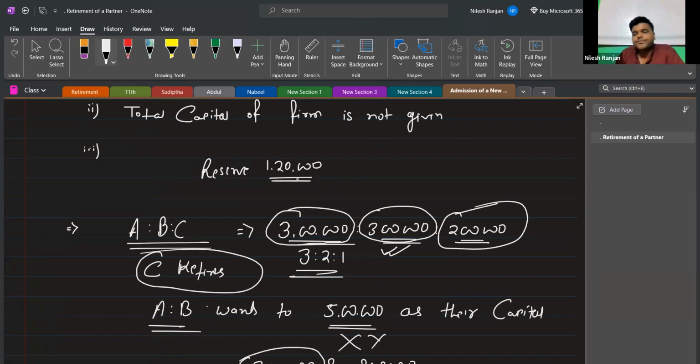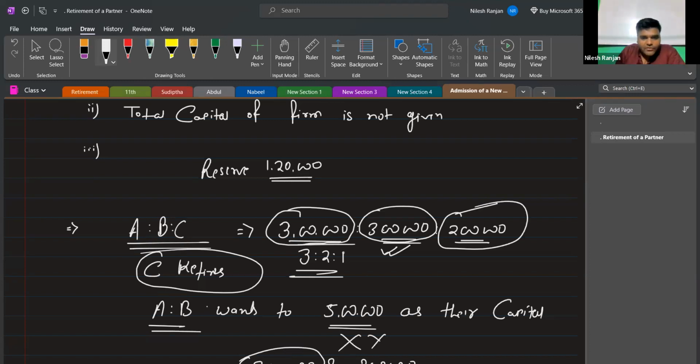In that case, what will be the adjusted capital? If you take the retiring partner's capital, then you will get confused here. You just have to take the remaining partners' adjusted capital.